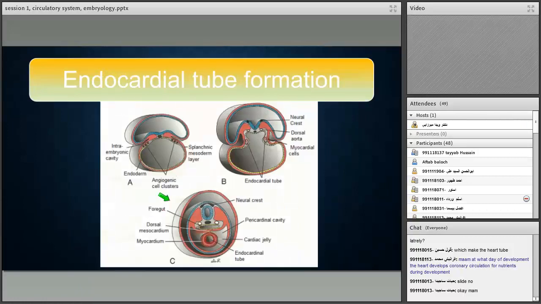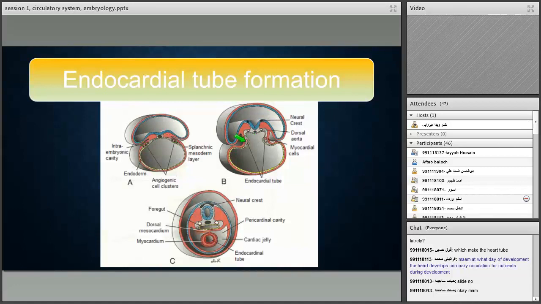And in the next slide, we can see the lateral foldings of the embryo. These are the lateral foldings. The lateral foldings will connect the blood islands and the angiogenic cells to each other.